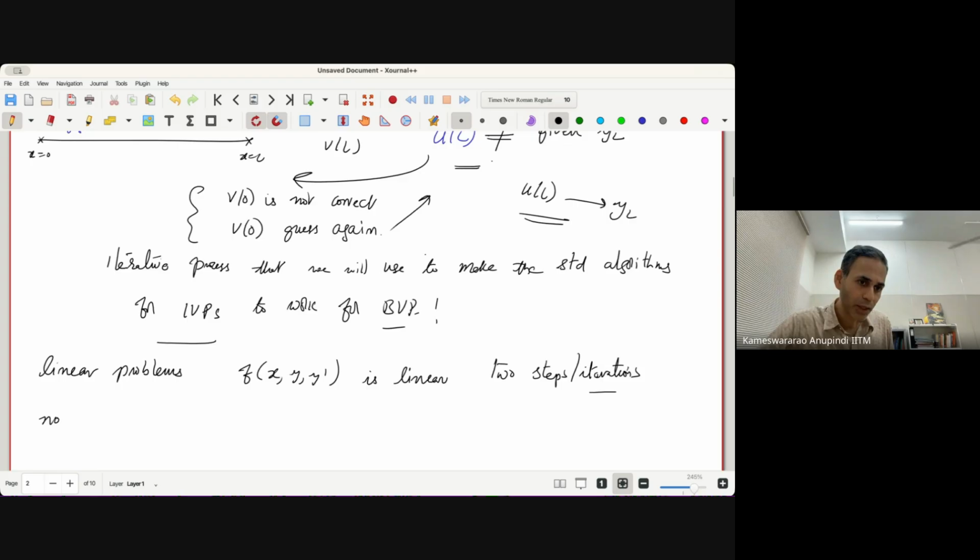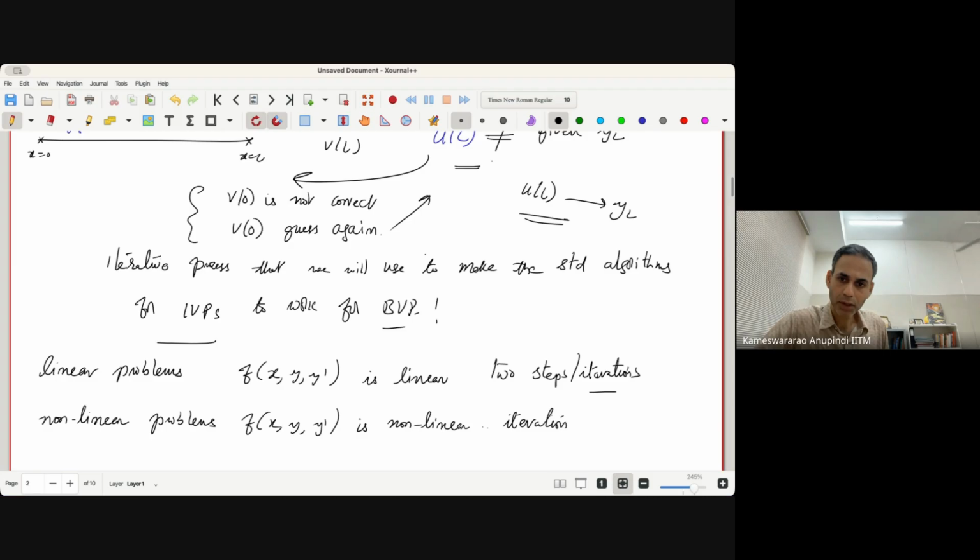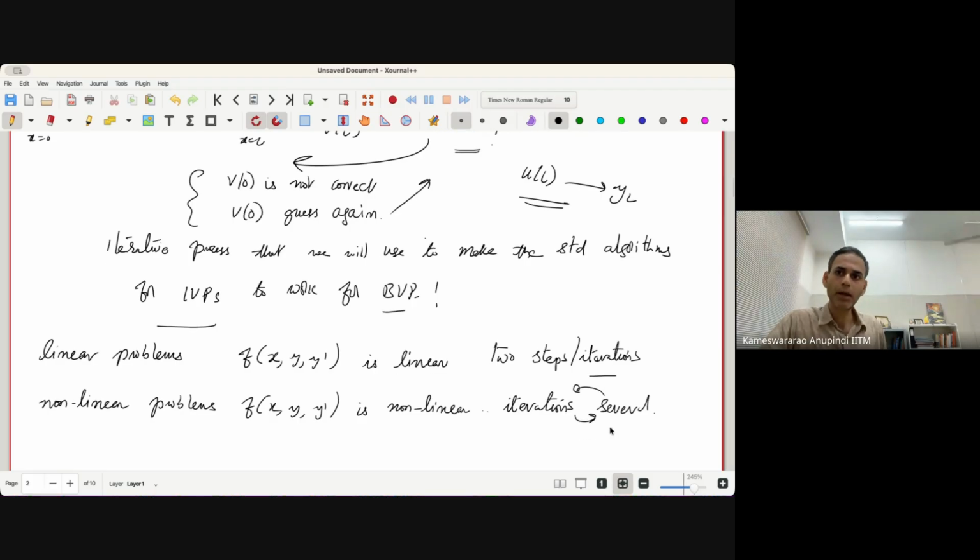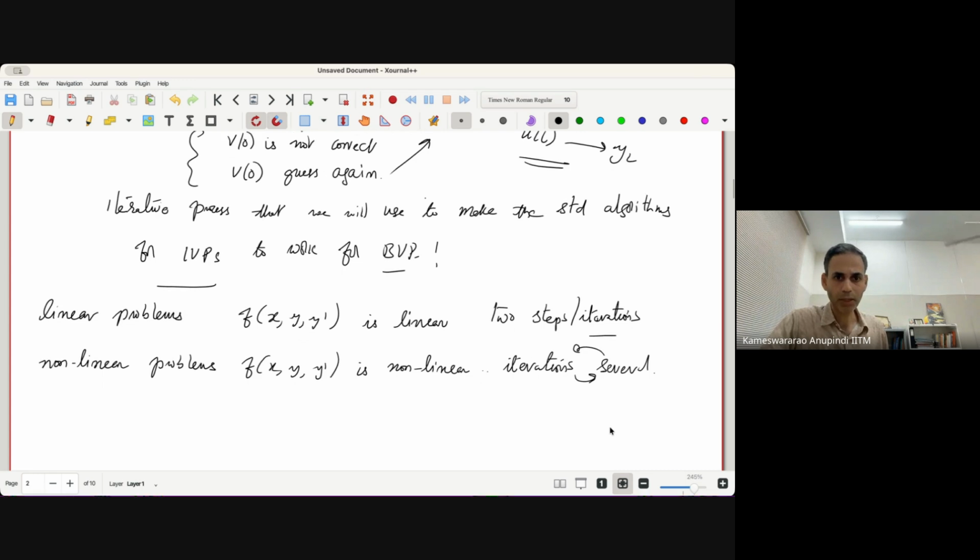Whereas if it is a nonlinear problem, that means your f(x, y, y prime) is nonlinear, then you need to perform several iterations. Several iterations are required before you can converge on a solution.